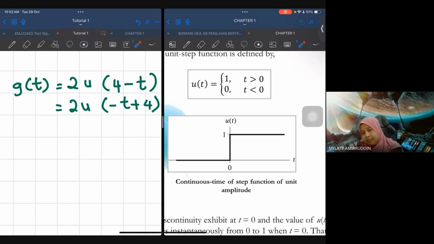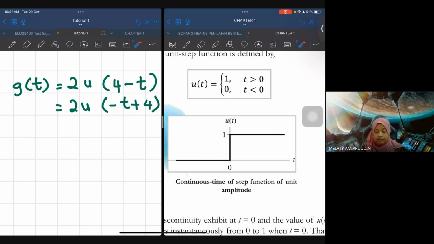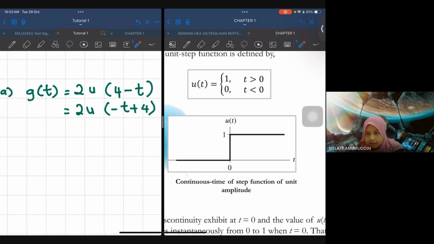Wan Muhammad Faiz, correct. We need to start from the back first. We need to start from shifting and then scaling and then amplitude. Number 1, 2, 3. Irsyad, don't forget to study this one, it is important. This will be in the test, whether we like it or not.